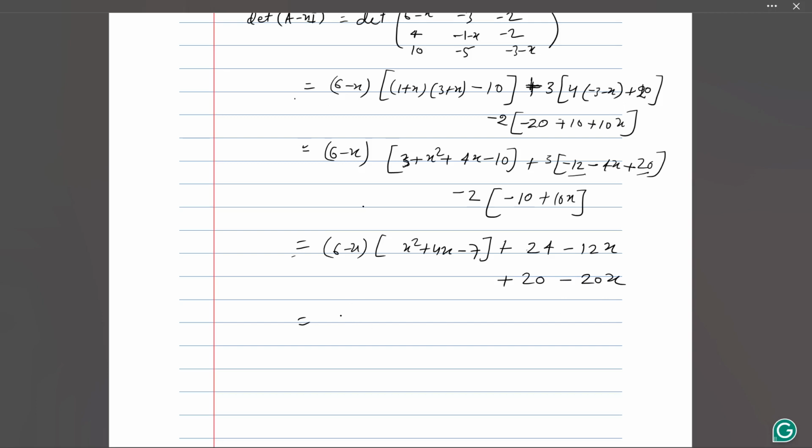Okay, multiply this first equation, then this becomes 6x square plus 24x minus 52 minus x cube minus 4x square plus 7x plus 24 minus 12x plus 20 minus 20x.